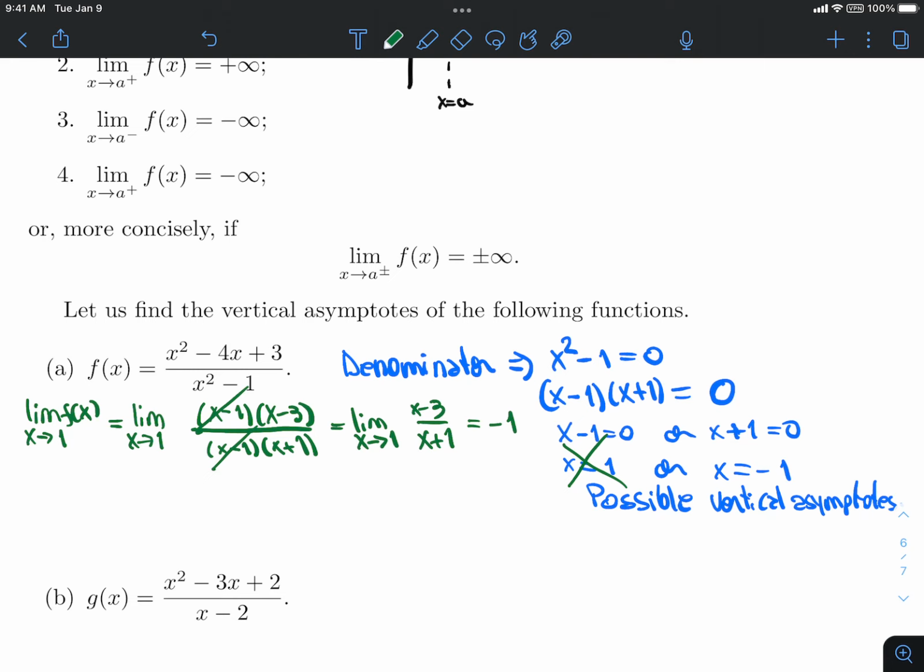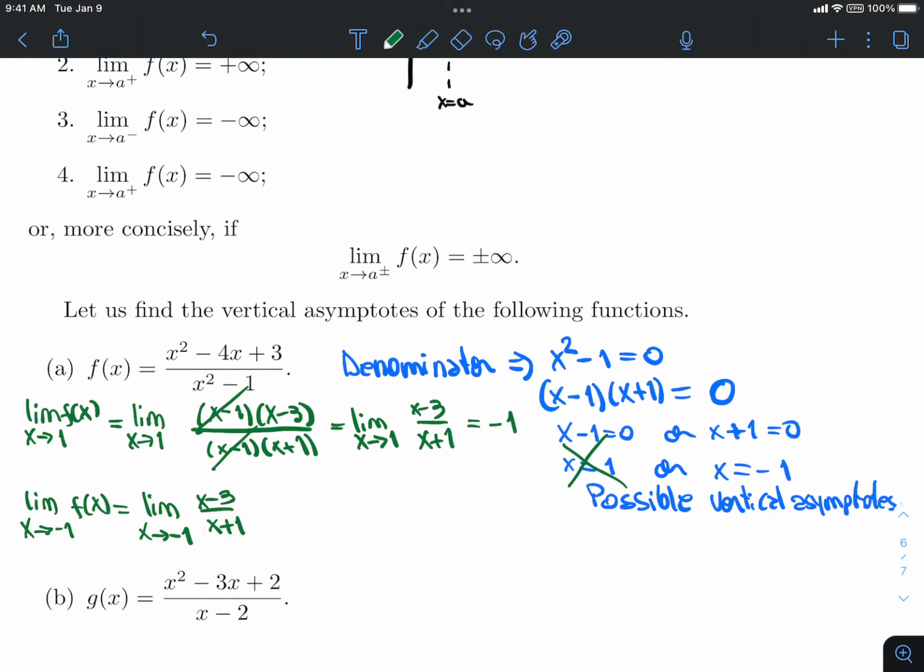Now I'll try x equals minus 1. So what's the limit as x goes to minus 1 of f of x? I'll do the exact same calculation, but when I get to the end, I'll have x plus 1. If I try and plug in minus 1, that's going to be 0.